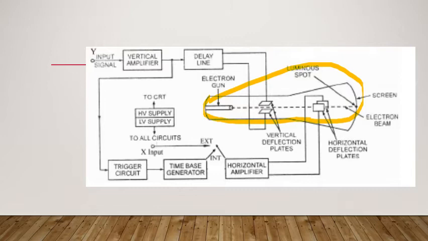Screen is there, electron beam is there, then luminescent spot and deflection plates. Two sets of deflection plates. Here we have shown only Y plates. Then electron gun and X plates are here, separated by some distance. Now we have high voltage power supply and low voltage power supply. Then trigger circuit, time-base circuit, horizontal amplifier, everything is here.